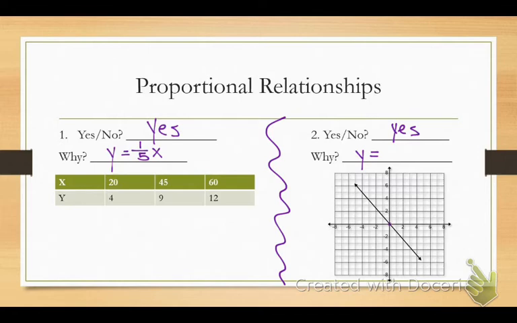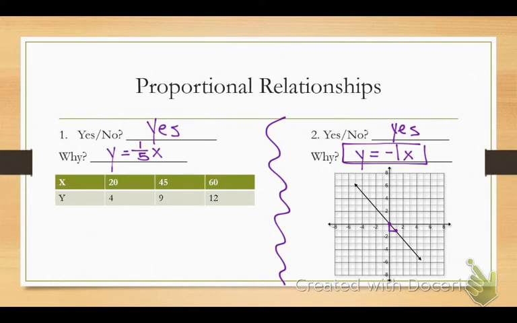I would start at the origin. If it's yes, just start at the origin. Now to the very next point where it crosses, I go down 1 over 1. So it's negative 1x. Y equals negative 1x. Literally, all you have to do is rise over run from the origin.